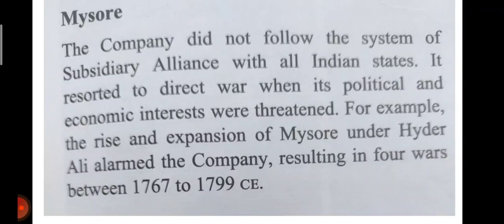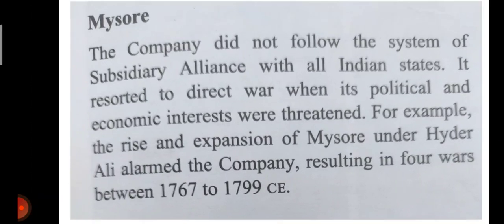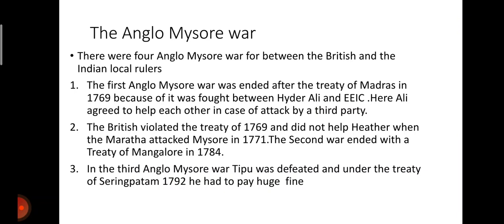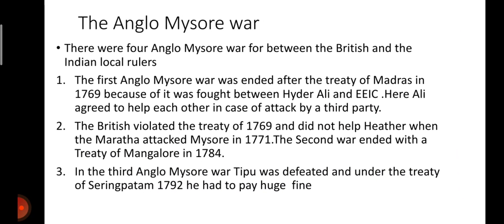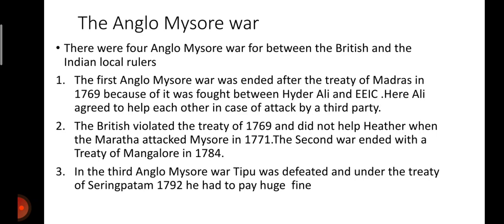For example, the rise and expansion of Mysore under Hyder Ali alarmed the company, resulting in four wars between 1767 and 1799 CE. The Anglo-Mysore War. There were four Anglo-Mysore Wars fought between the British and the Indian local rulers.